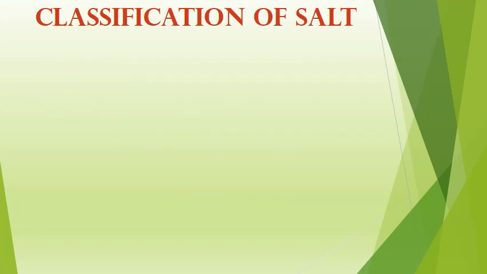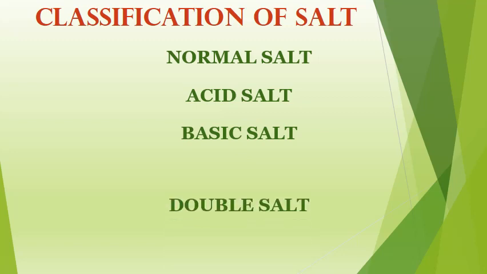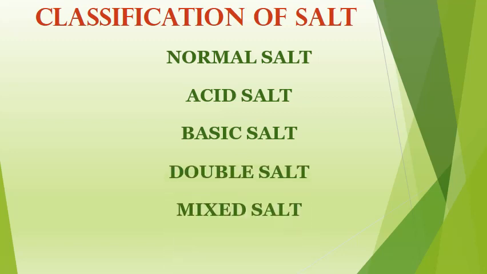So now we have finished studying the definition of salt. What does a salt mean? Now we will go into classification of salt. We classify salt into the following types. The first one, normal salt. The next one, acid salt. Then basic salt, double salt, mixed salt and complex salt.